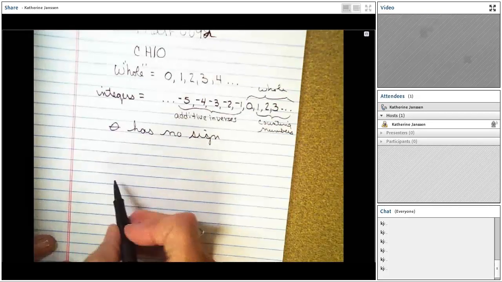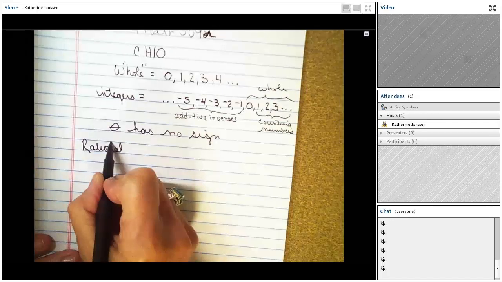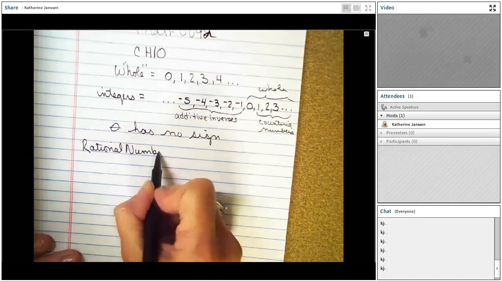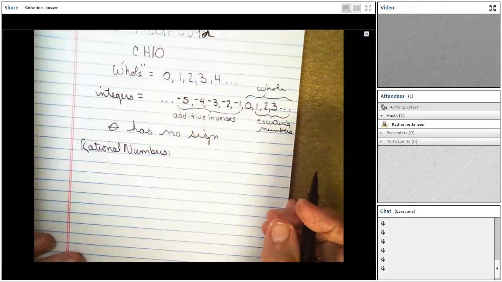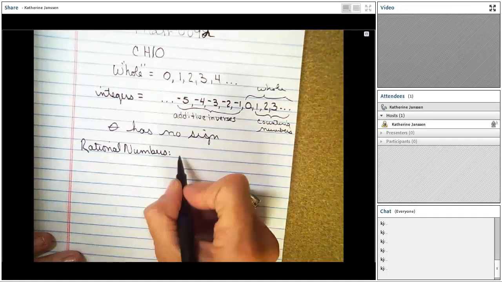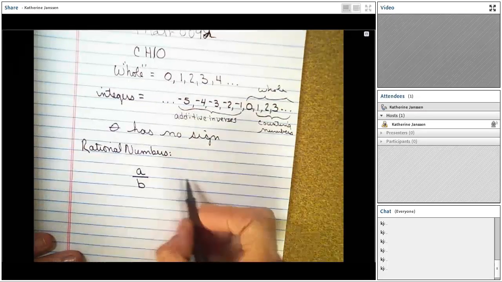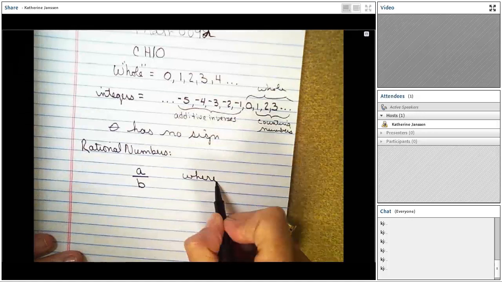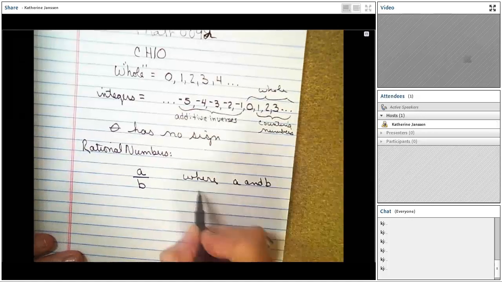We then introduce the rational numbers. The set of rational numbers. Rational numbers can be described as the set of A over B, where A and B are integers.